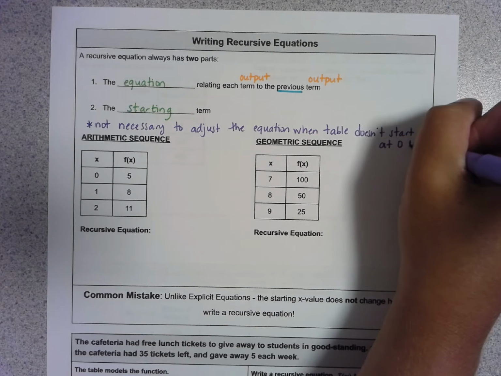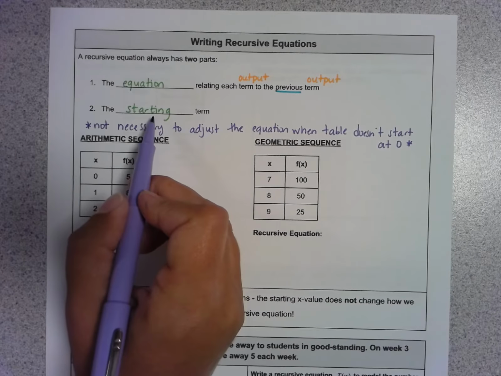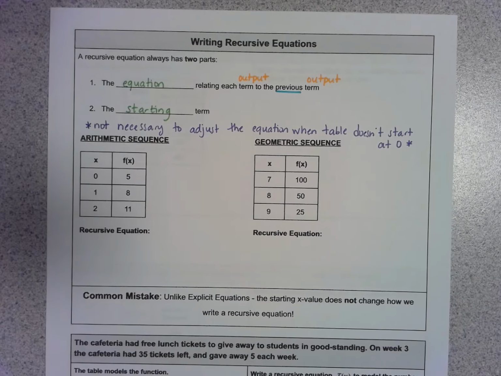The reason we don't need to adjust is because we're going to tell that the table doesn't start at 0 by listing the starting term. We don't need to do that in the equation. We're going to list it separately.